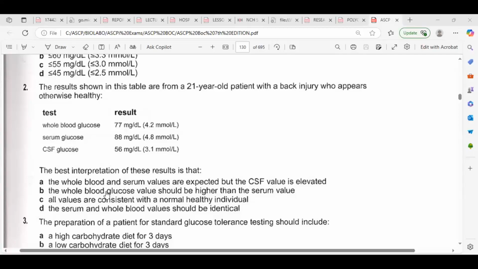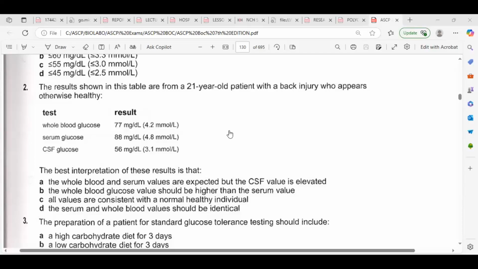Here I can see that CSF is 50, and the difference is above 30 milligram per deciliter. Thank you. So what do you choose as your best answer? Let me check again.